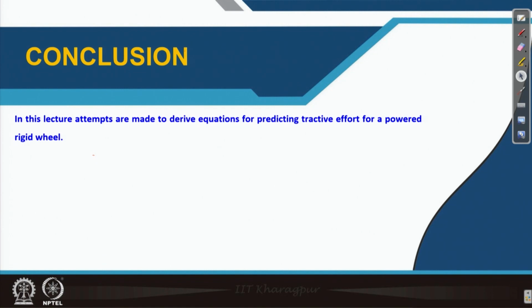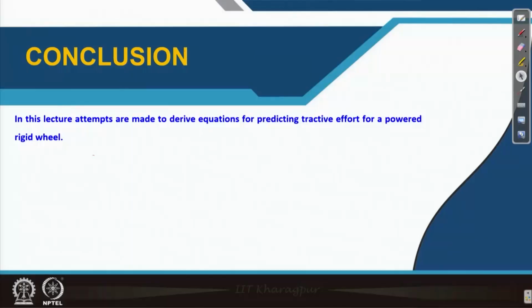Knowing the shear displacement and shear stress relationship, we can establish the shear stress prevailing in the contact area. Now, knowing the shear stress, we multiply by the contact area so that we can find out the tractive effort developed.